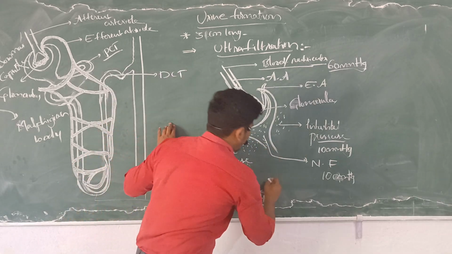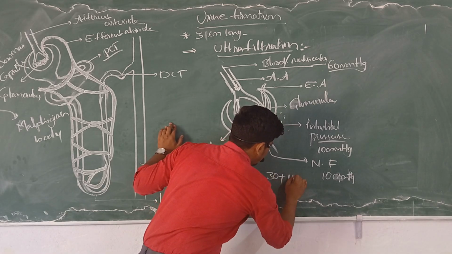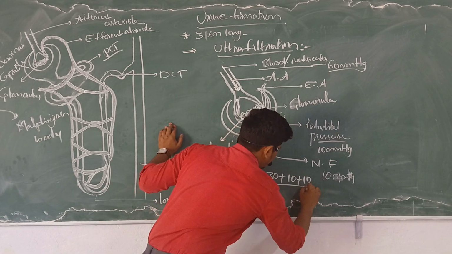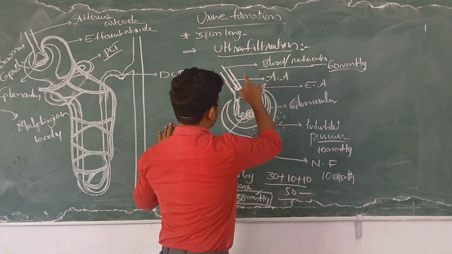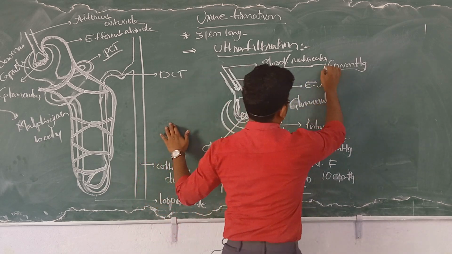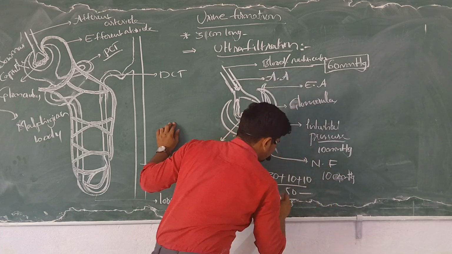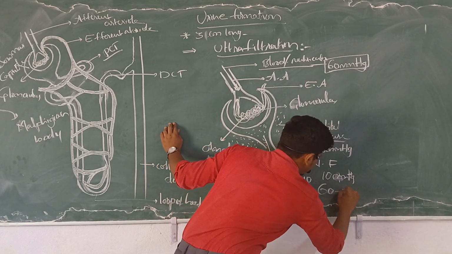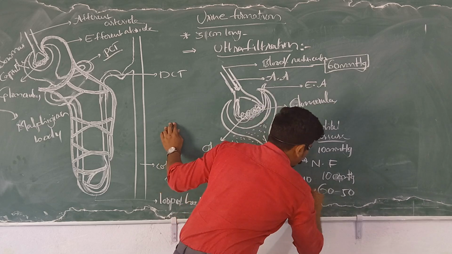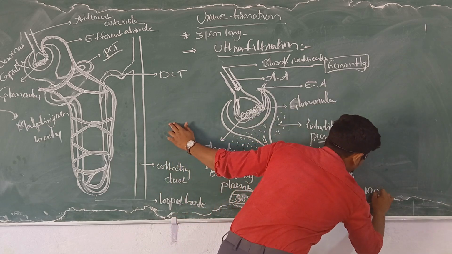We should add that, 30 plus 10 plus 10, which is 50. This 50 gives an opposite action to this 60 mm Hg. Now here we have 60 minus 50, and what we get is 10 mm Hg.